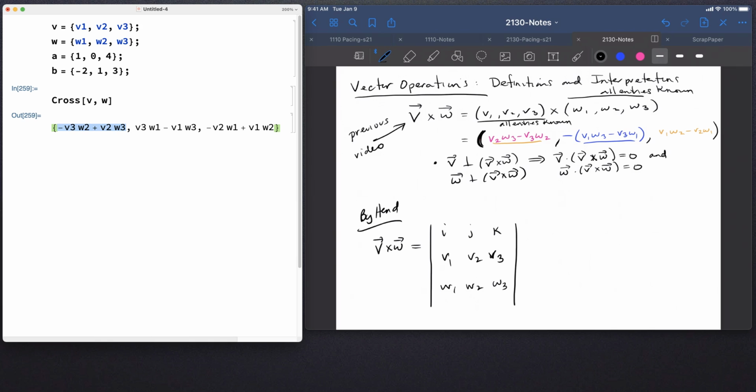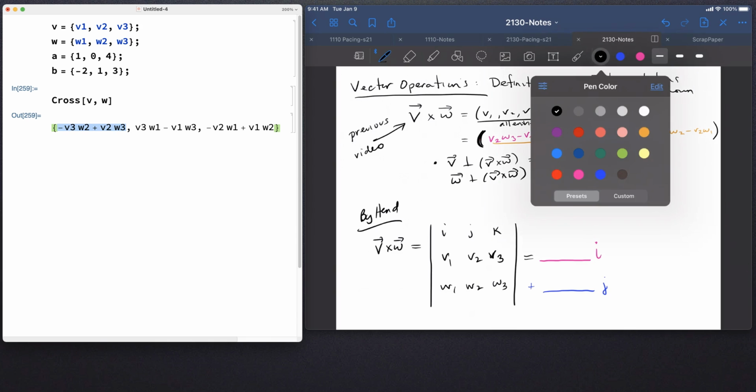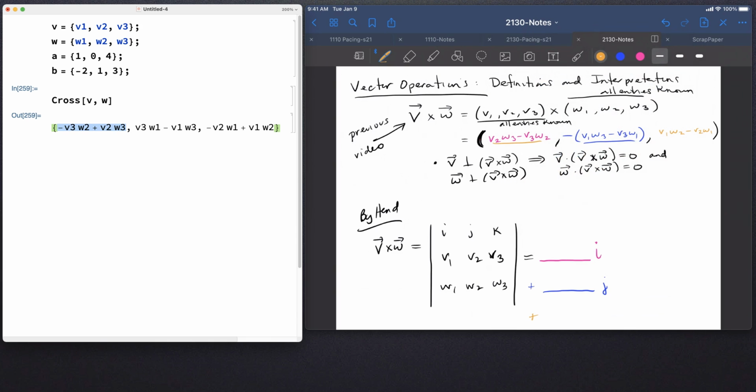And then according to the cross product, we know that we are going to get an answer that is something times the vector i plus something times the vector j, and then there is a third entry plus something times the vector k.